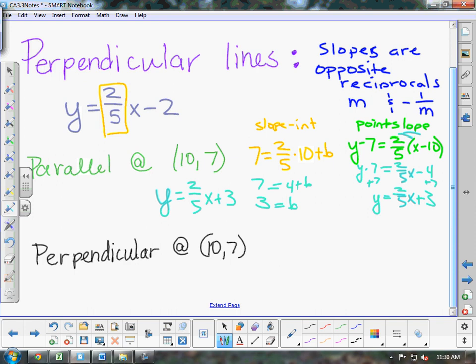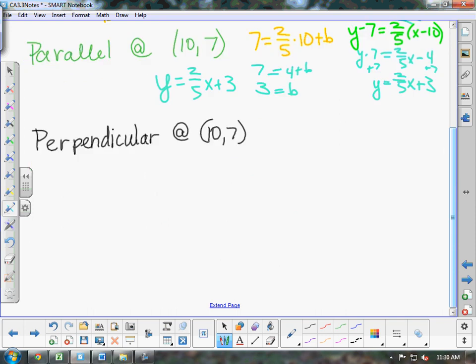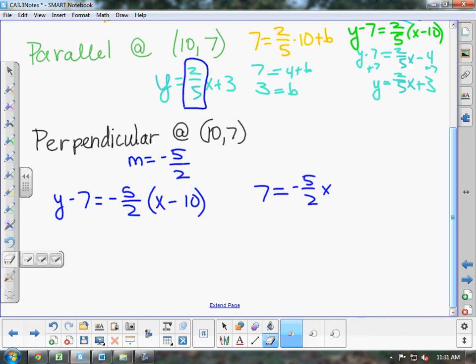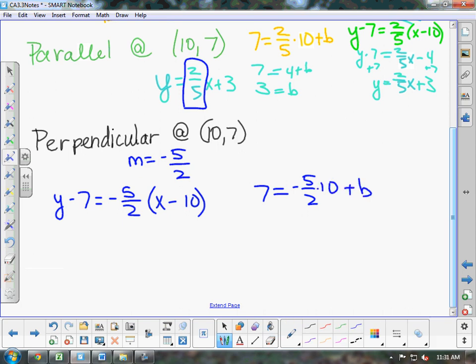Then finding a perpendicular line at 10/7. Since our slope is 2/5 to begin with, you have to use the slope of negative 5/2. Doing it the point slope way would be y minus 7 equals negative 5/2 times x minus 10. Or you could say 7 equals negative 5/2 times 10 plus b.